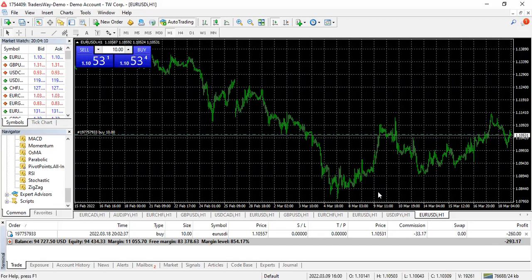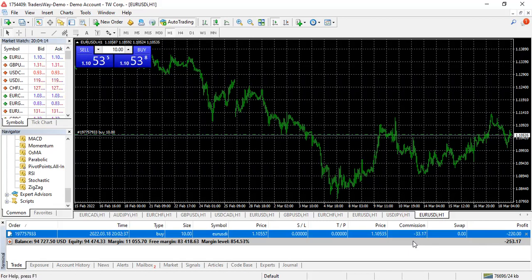When the commission is not removed from the spread, it will be stated here. So this particular broker is charging me minus $33 for this particular trade.